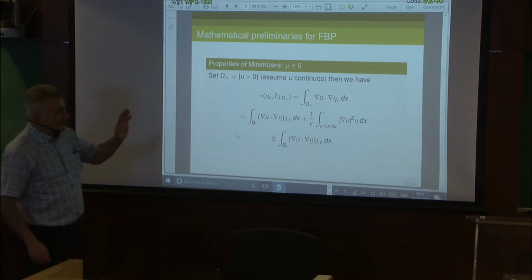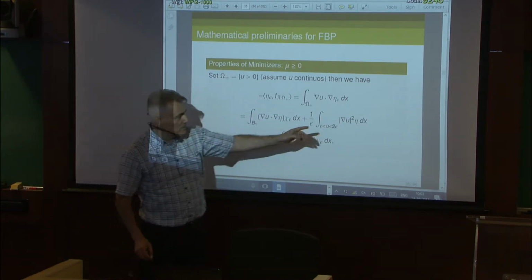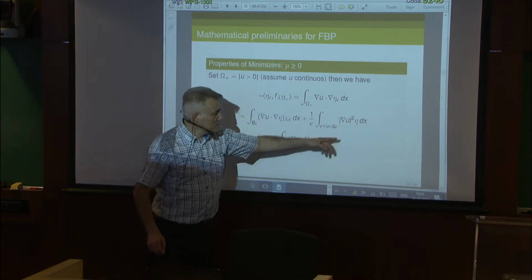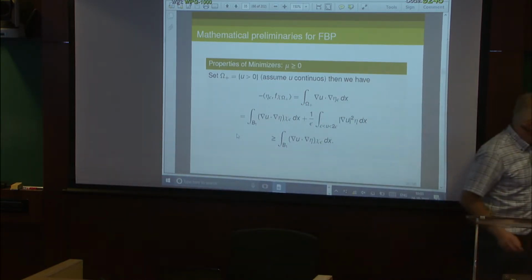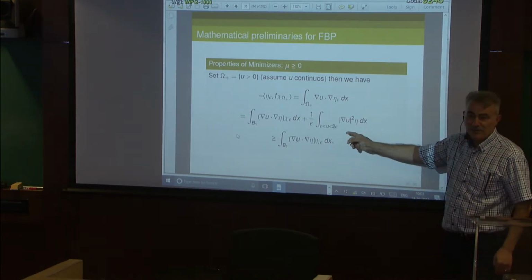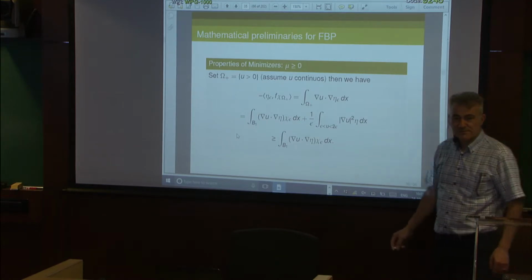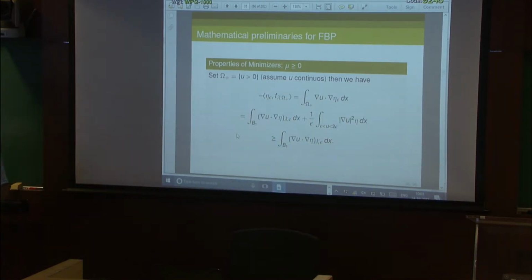So you apply it first to the eta, and then you apply it to psi epsilon. So eta survives, psi epsilon, if you apply it, it will be 0, and then the gradient of u. So that's the reason you have gradient of u to the power 2 here. It's a simple computation, but please write it down.